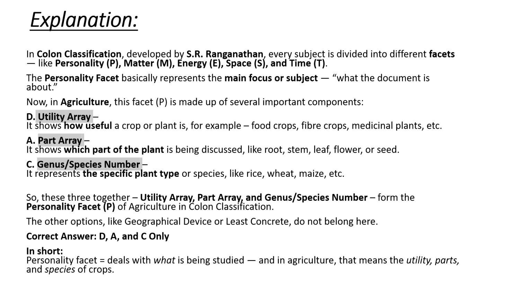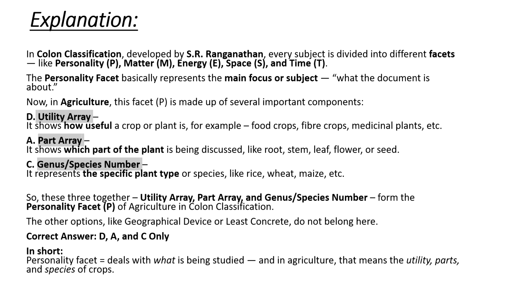Personality facet basically represents the main focus or subject, what the document is about. Now in agriculture, this facet is made up of several important components, that is utility array, part array, and genus/species number. Utility array shows how useful a crop or plant is.